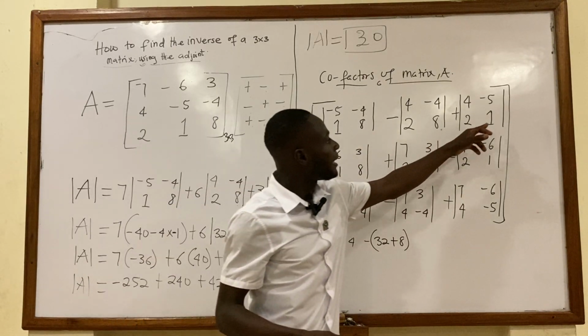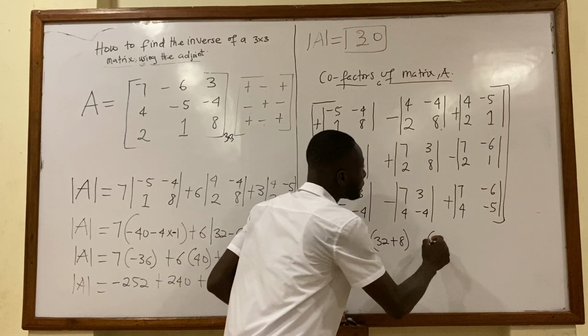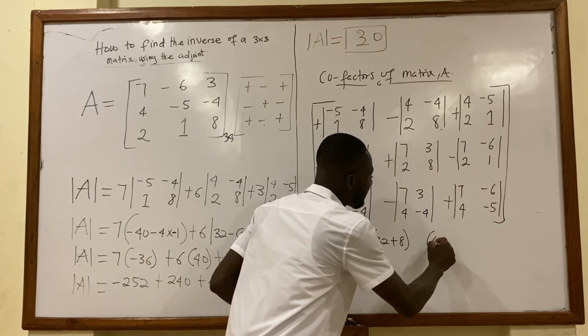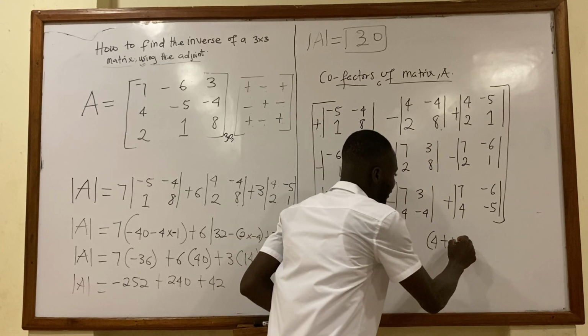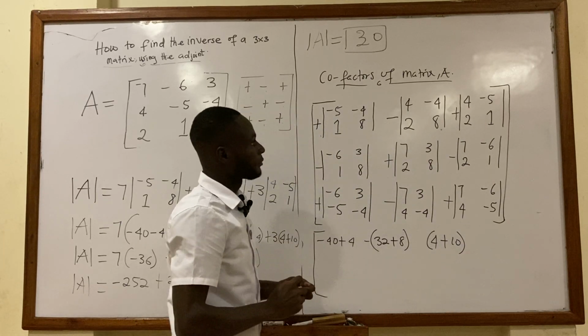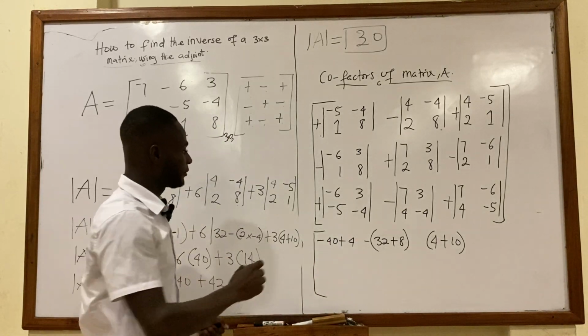And then the last end of the first row is going to be 4. This times this is 4 plus 10. It's already positive, so that one is left like that.